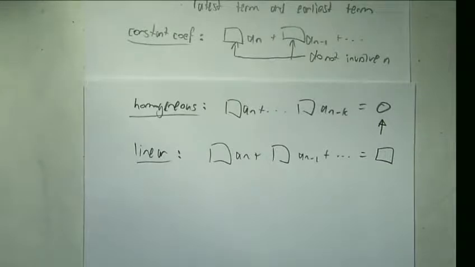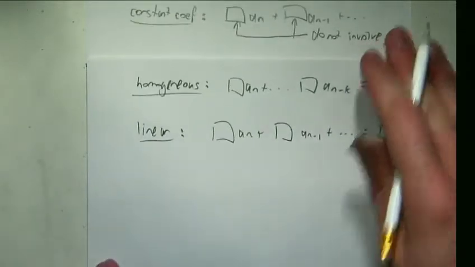They're all just multiplied by something, and those somethings don't have to be constants, but they can be constants as well. But linear is in the sense that you don't square any of them and you don't multiply them by each other.